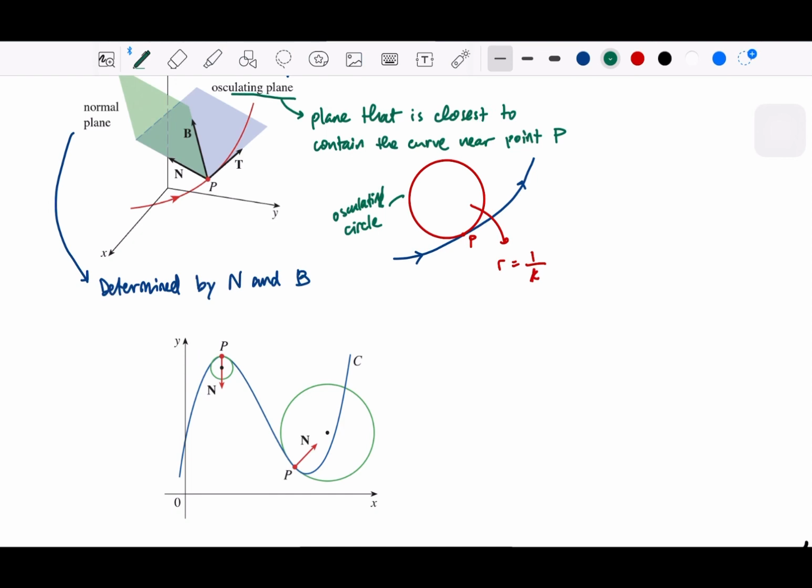So when the curvature is large, the radius will be small, right? Because of the 1 over curvature, okay? Because of this, radius high, then curvature will be low, okay? Because r is 1 over curvature.